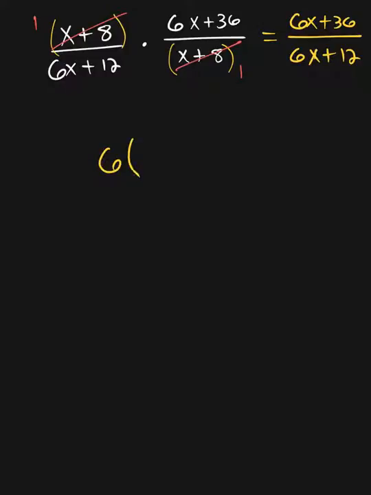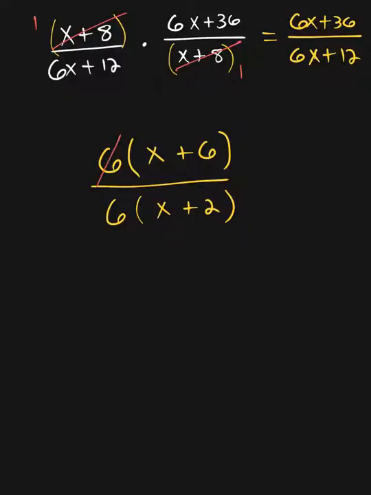So I've got 6 times blank over 6 times blank. Well, that's an x plus 6, because 6 times 6 is 36. And this is just an x plus 2. I see a 6 on the top and the bottom. And my final result is x plus 6 over x plus 2.